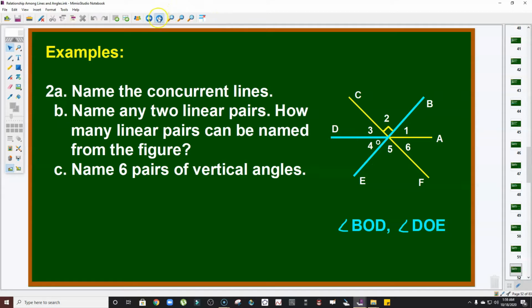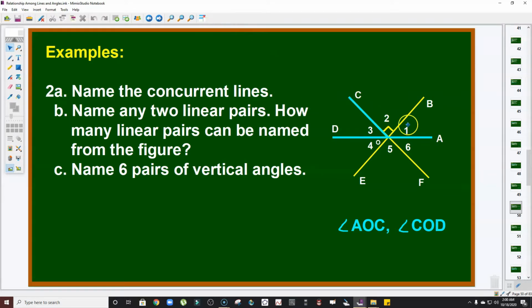Now, the next question is, how many linear pairs can be named from the figure? If we go back, this is our reference, angle 1. Look at this. That's 1 linear pair, AOB and BOD. This is the second, with AO as my initial side, another pair.